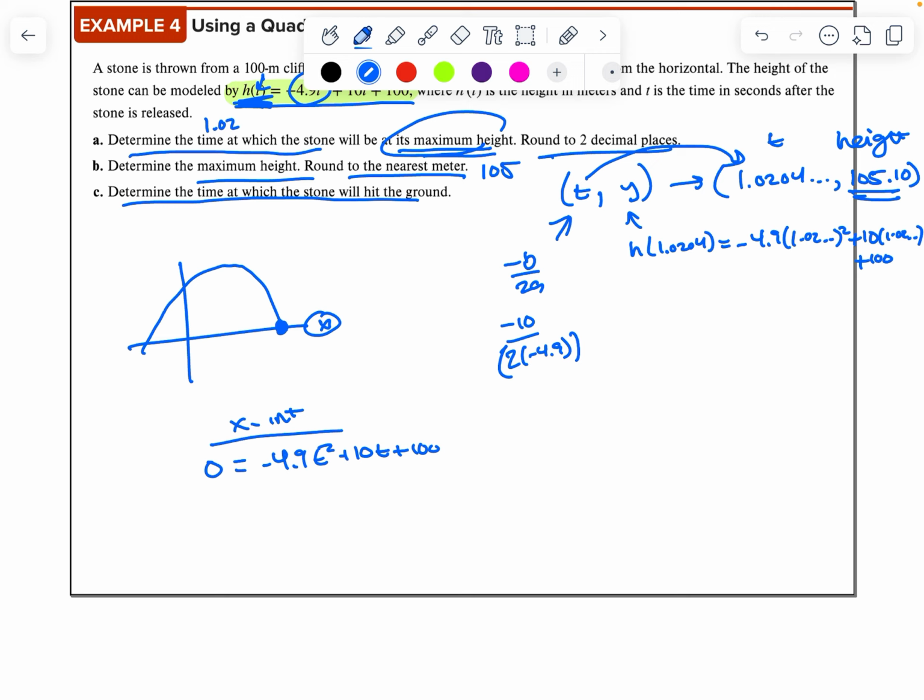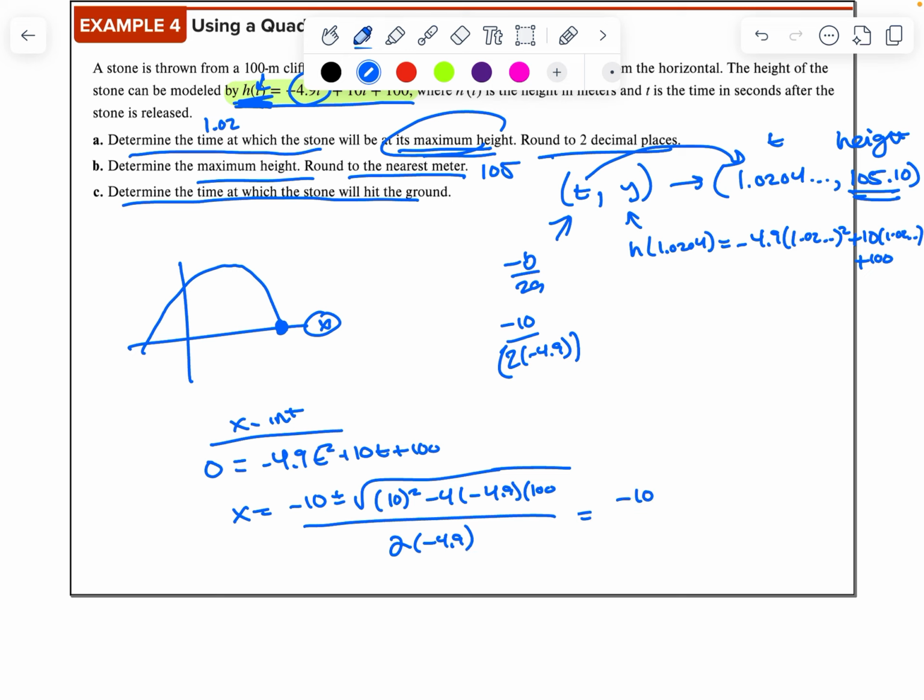X equals negative b plus or minus the square root of b squared minus 4ac all over 2a. Whenever I do this calculation, I prefer to do the inside part first. That's going to make sure that you don't mess something up in this quadratic formula.